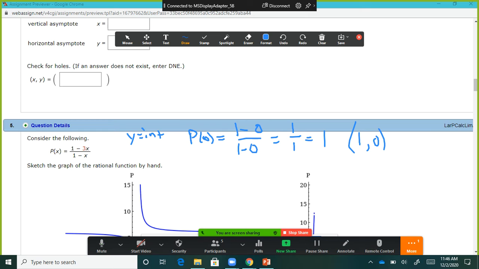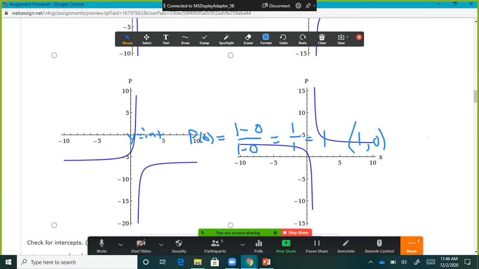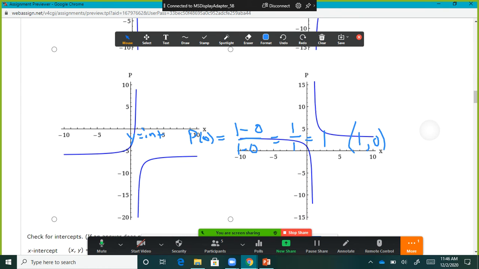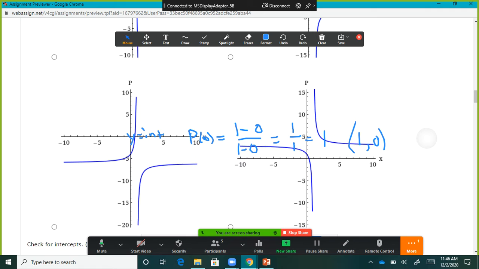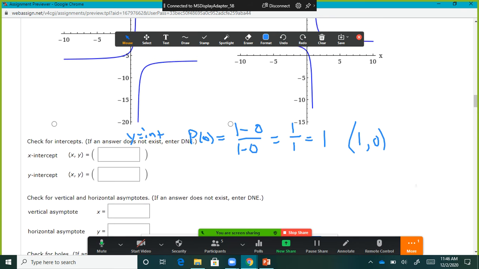All right. So I know it crosses the y-axis at 1, 0. So I know that first graph is now wrong. I know that second graph is wrong. I know that third graph is wrong. Now I know it is the fourth graph because that's the only one that's crossing the y-axis at 0. All right. Then down here, y-intercept, I'm going to put 1, 0.